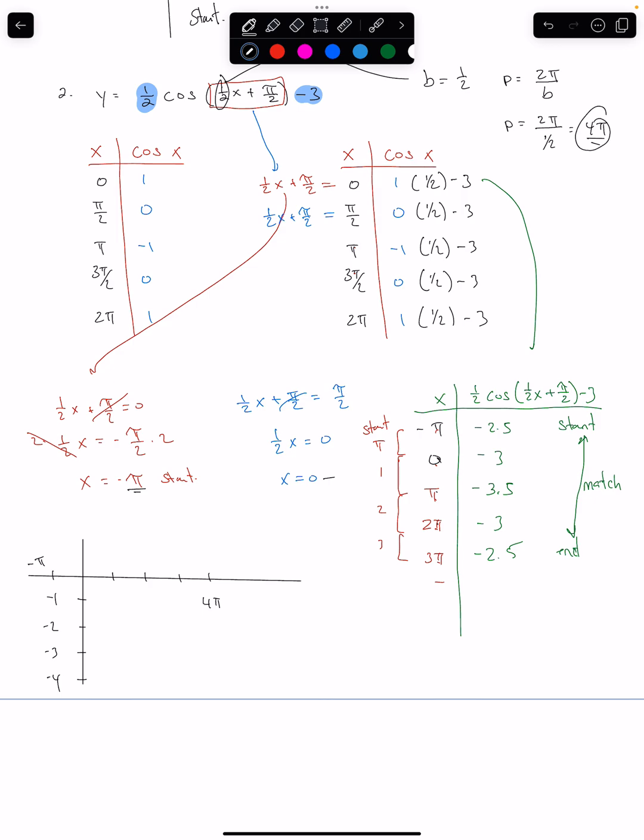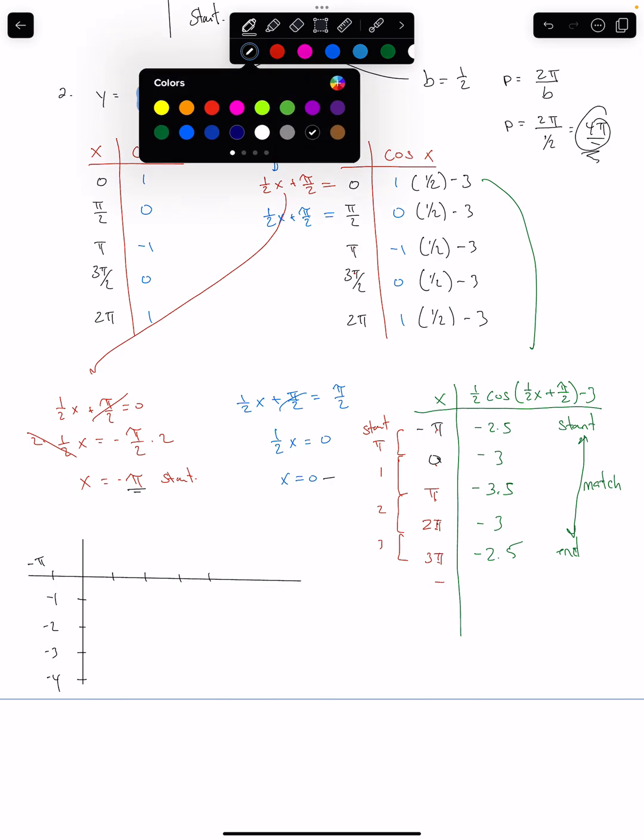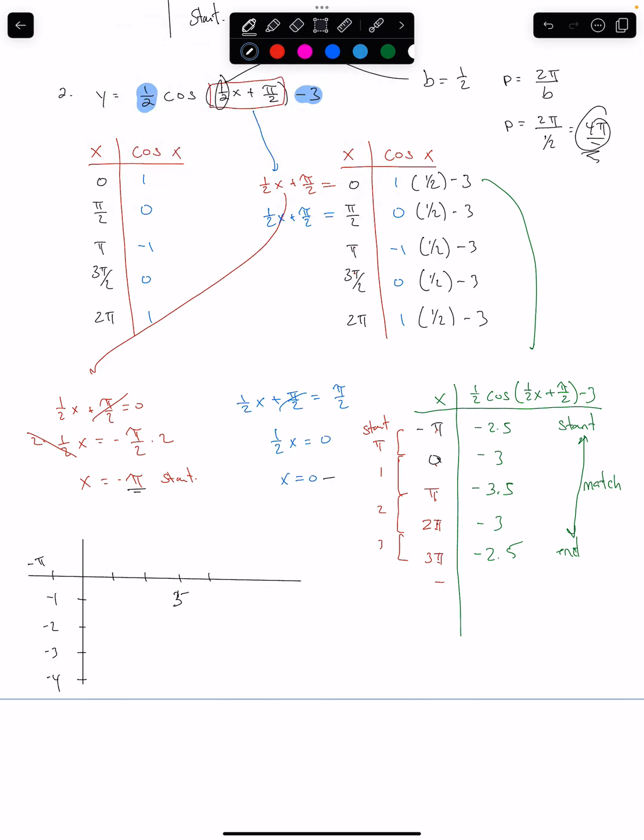Okay, and there's my period. And that matches my period here. Okay, so I'm only going to 3 pi here, sorry. Okay, and all the rest is 0, pi, 2 pi.